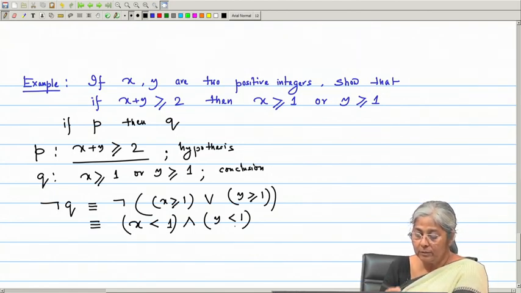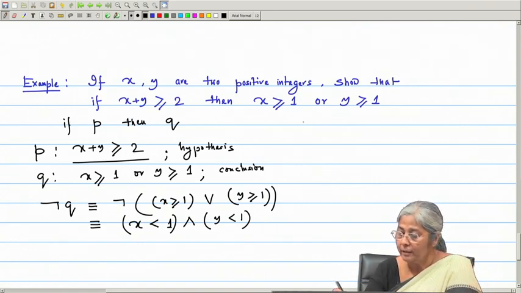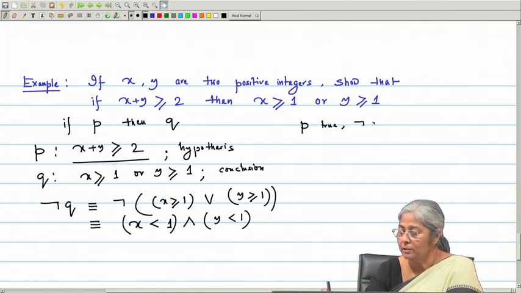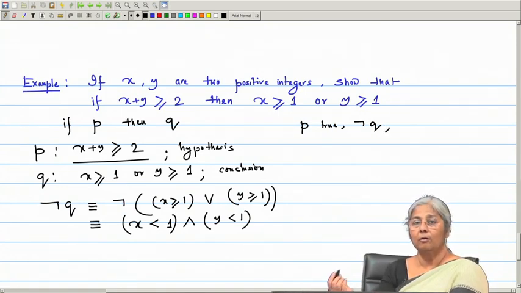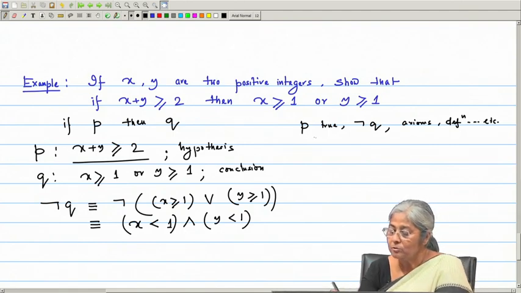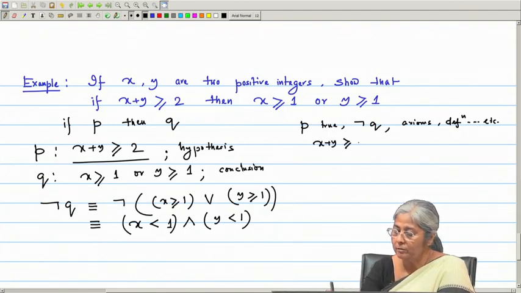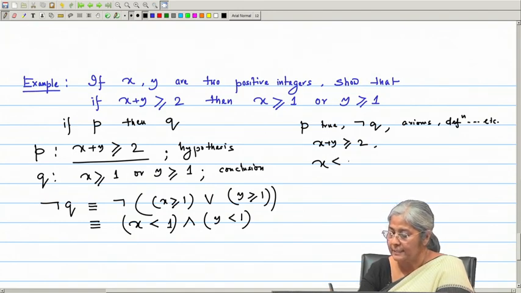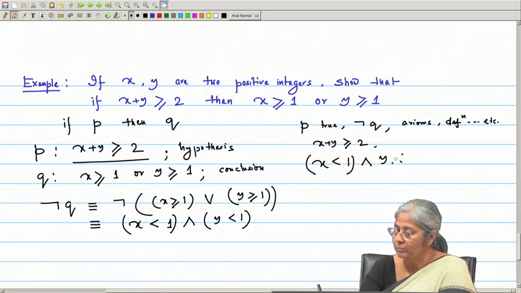Now, we know that P is true, and we have to use P true, then negation Q, and the definitions or previous knowledge and previously derived theorems, axioms, definitions, etc. So, P is true means that x plus y is greater than or equal to 2, and negation Q means just now we got that x less than 1 and y less than 1.